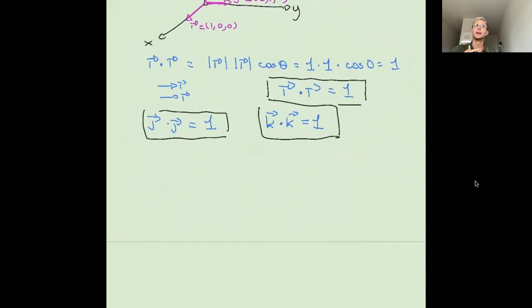And so for example, how does the formula for the dot product work in practice? So here's how to find the dot product.